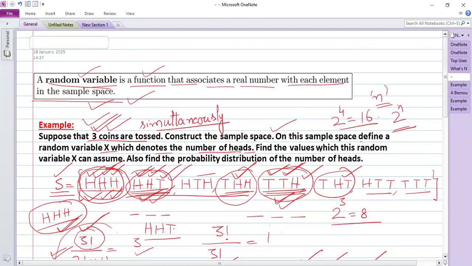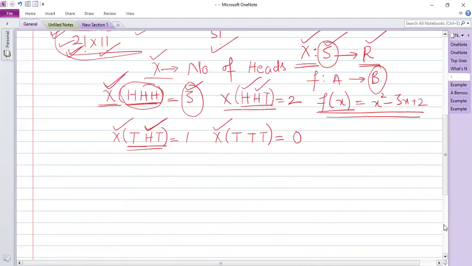Now, next was to find the values which this random variable can assume. So how many values can it have? X can be 0, 1, 2, and maximum 3. Now, we have to find the probability distribution of this number of heads, meaning the probability distribution of this x. So for that, we will construct a table.